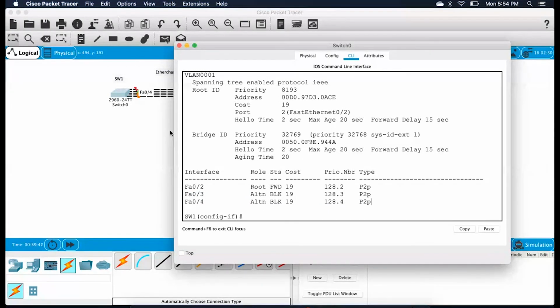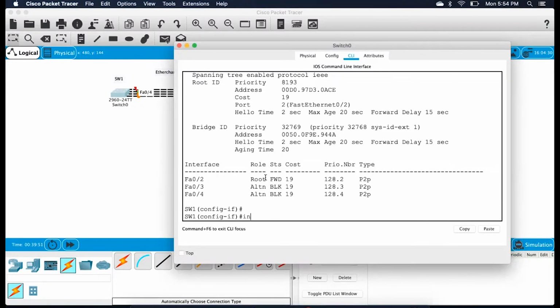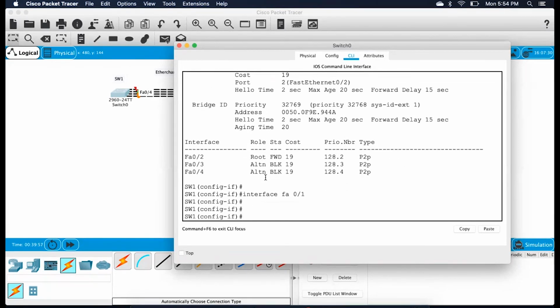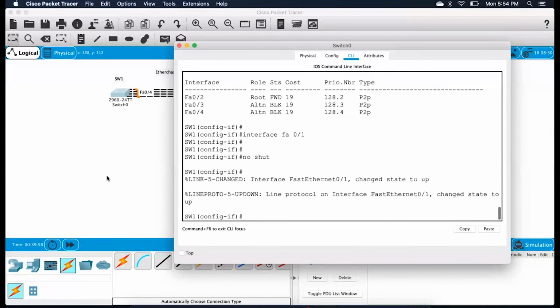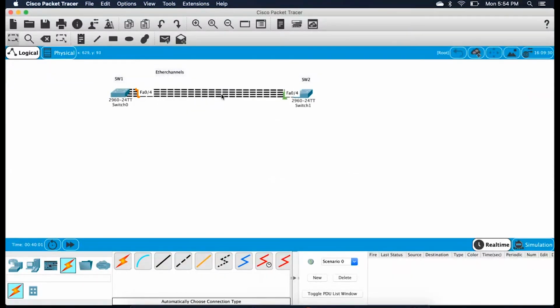Now, in order to remove this limitation, we create EtherChannels, meaning that we bundle all these links into one group, and that one group starts acting as a single link. That link can be used to forward traffic and do load balancing by using the EtherChannel concept.